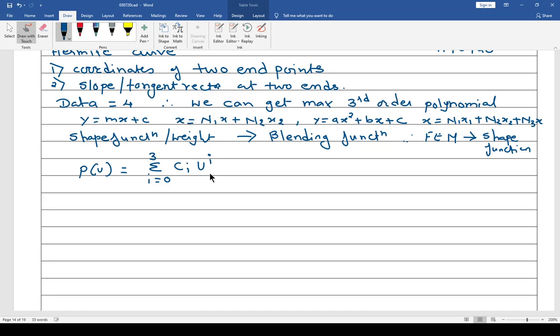Okay, so how do I write this? I could say P of u is equal to C3 u cube plus C2 u square plus C1 u and finally C0. So this is the equation of the Hermite curve.